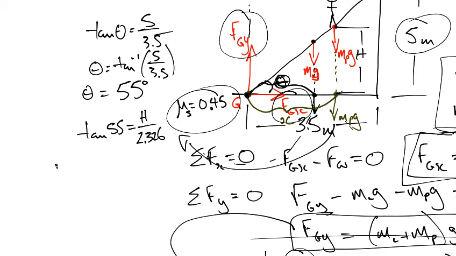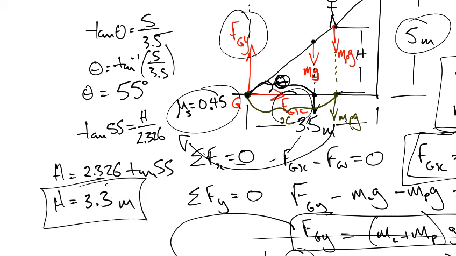So h, therefore, is going to be 2.326 times tan 55. Answer, h turns out to be 3.3 meters from the ground. So that's this distance here. Okay? So that's the maximum height.